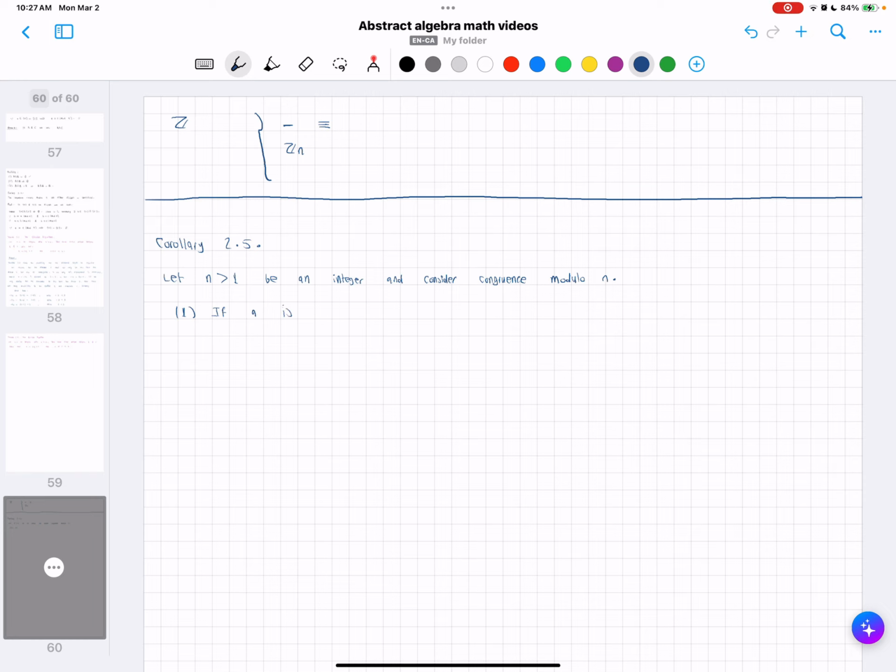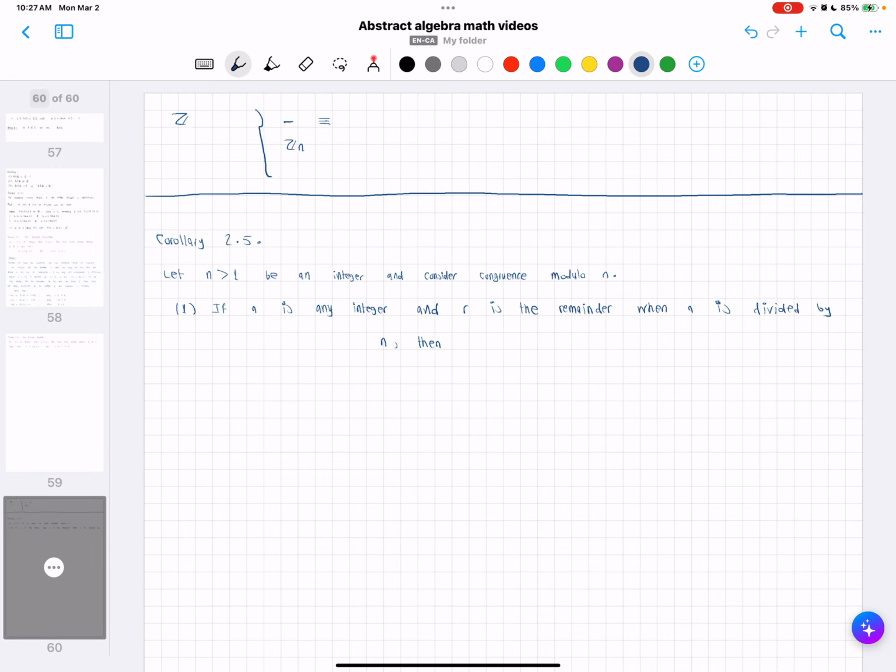So if a is any integer, and r is the remainder when a is divided by n, then the class of a is equal to the class of r.